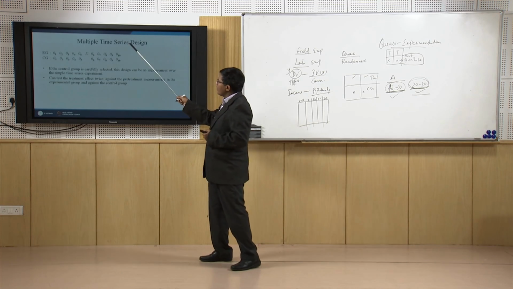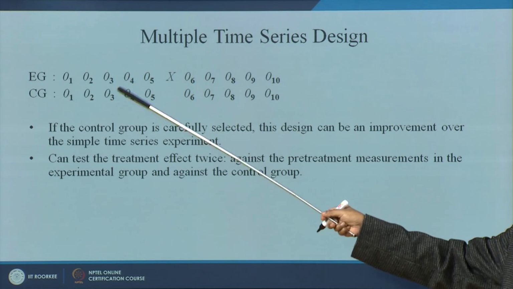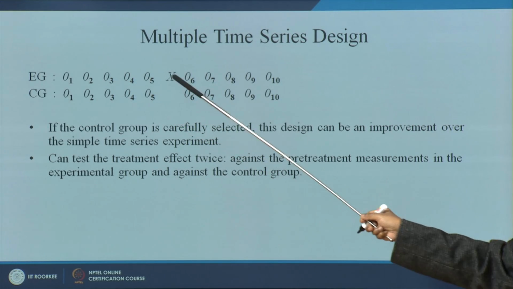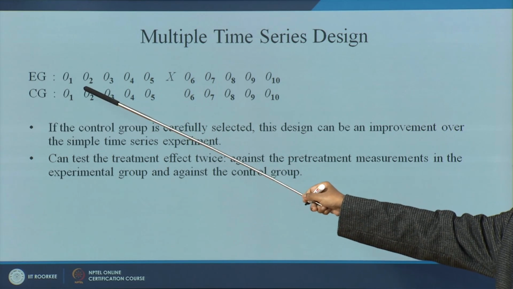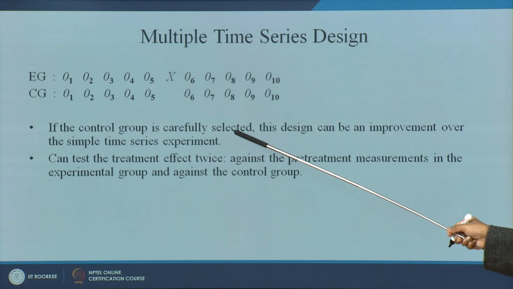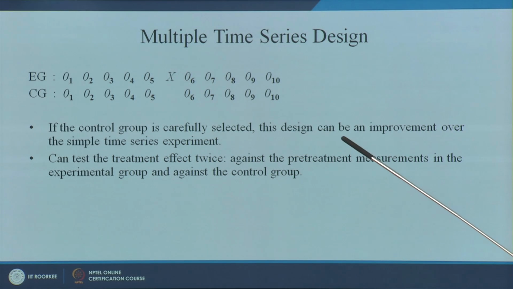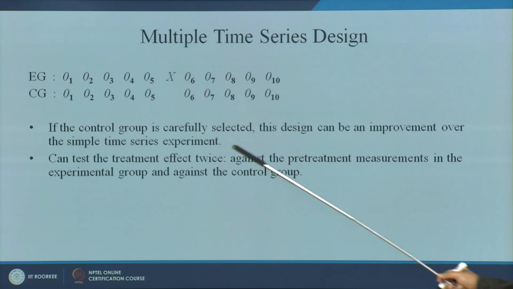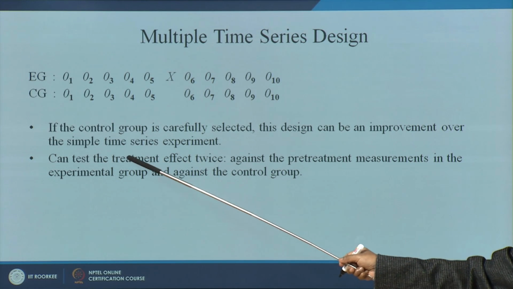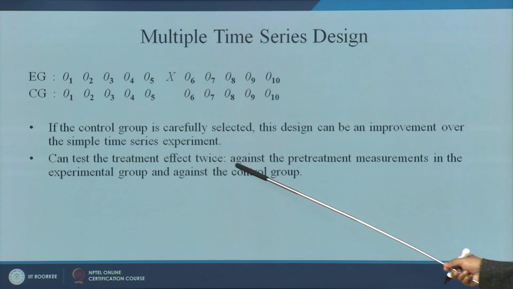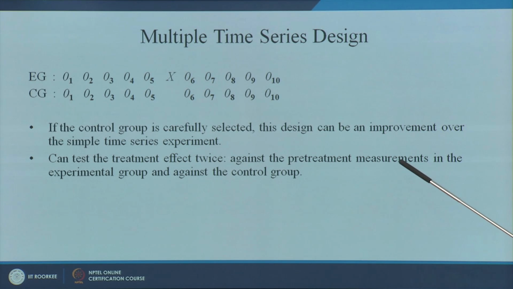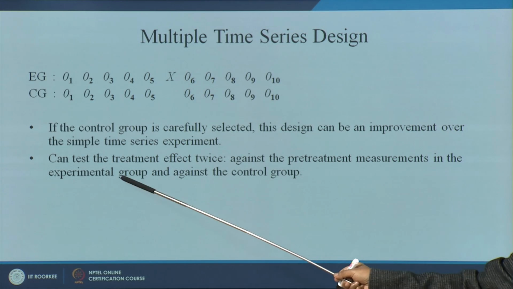But the multiple time series design is one where we have two groups. The observation is taken for the experimental group and there is a control group. If the control group is carefully selected, this design can be an improvement over the simple time series experiment, although the flaw I mentioned will remain. You cannot take the person back to the age of 20 to 30 when he is already 40. It can test the treatment effect twice, against the pre-treatment measures in the experimental group and against the control group.